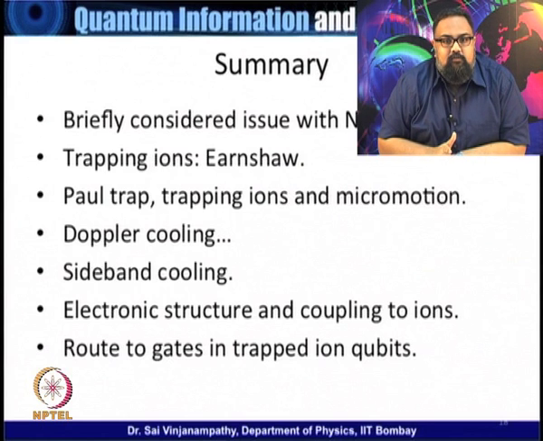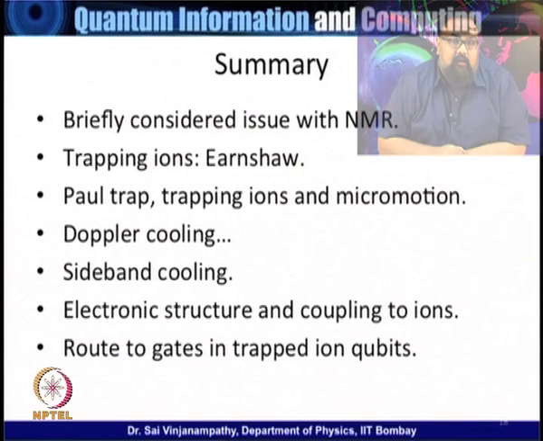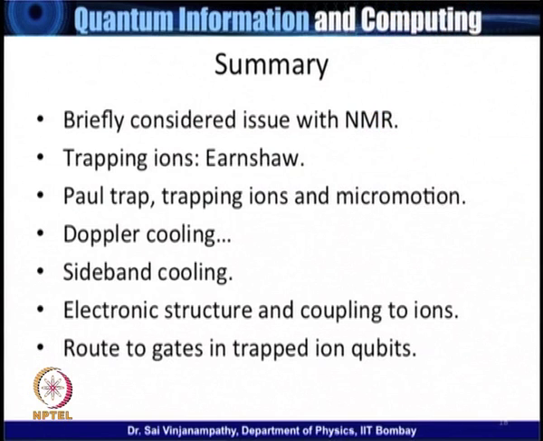We saw the vibrational modes of the Paul trap and considered motion along the axis and in the transverse direction. We discussed heating and we discussed how to resolve heating. In cooling, we discussed two separate things. One was Doppler cooling very briefly, and the other was sideband cooling. Finally, we discussed how gates could be implemented in the ion trap quantum computer. Thank you very much.